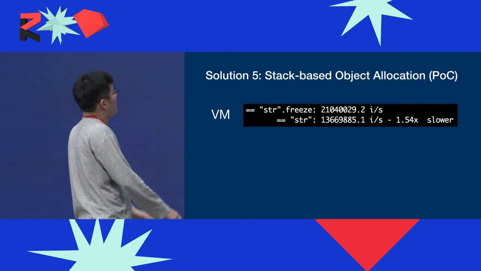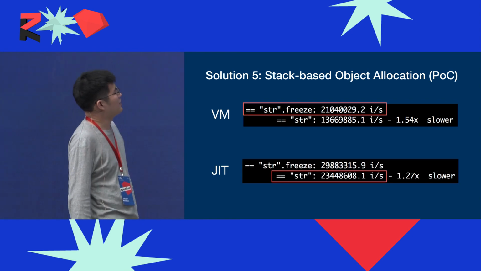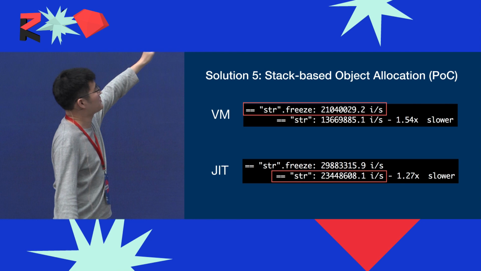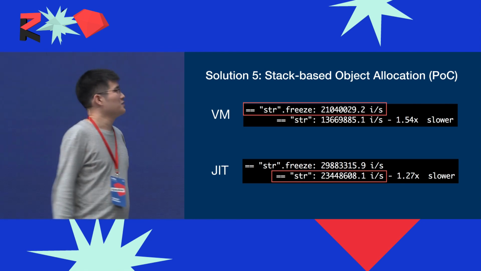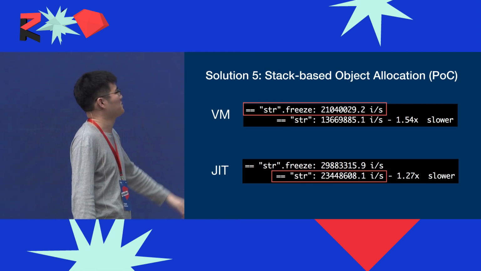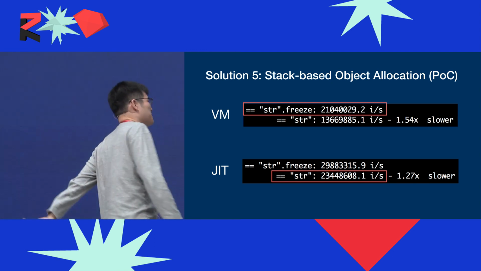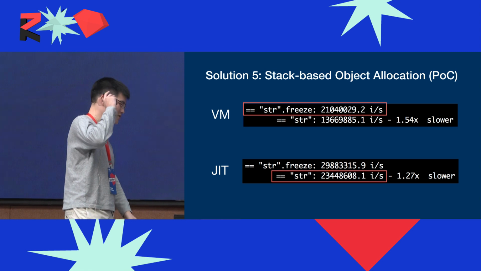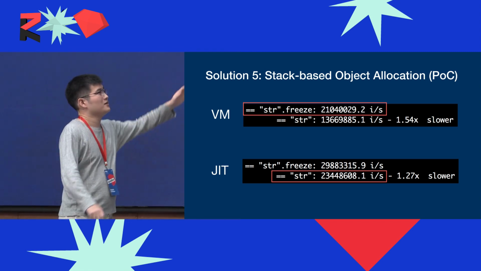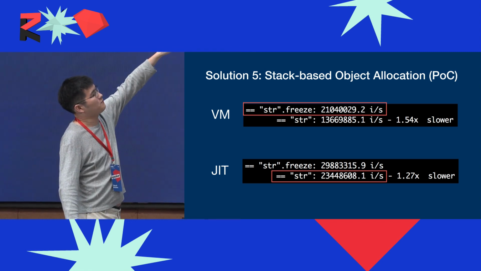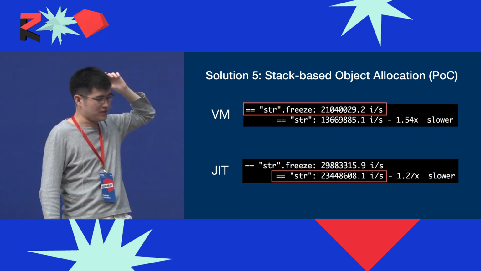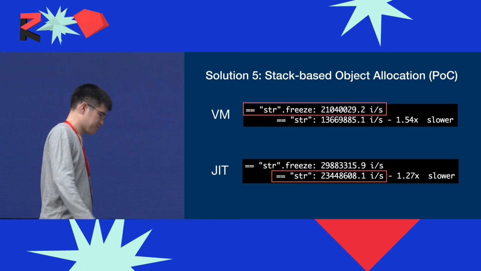And by having this stack allocation, without freeze, it becomes even faster than the original .freeze version, but it also improves the .freeze version. Anyway, stack allocation offsets the 1.5 times slowness by just passing --jit.